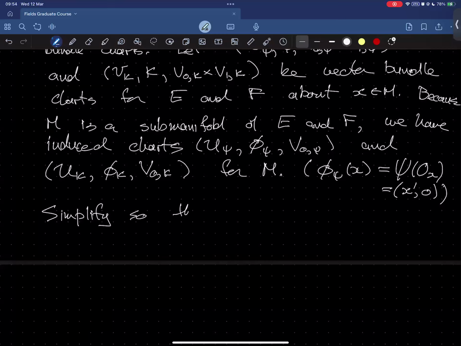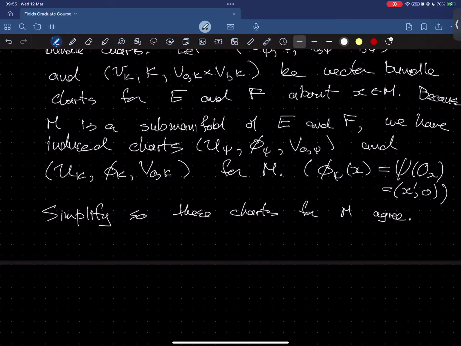So these charts are the same. And if they're not, then I just use the overlap map to make them into things which are diffeomorphic to each other, and use the diffeomorphism to make them the same. Okay, so if they're not the same, then I have to do some adjustments. But after adjustment, I can assume they're the same. So simplify so that these charts for M agree.